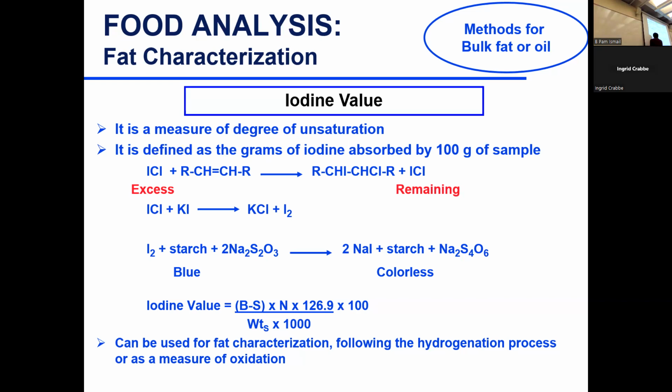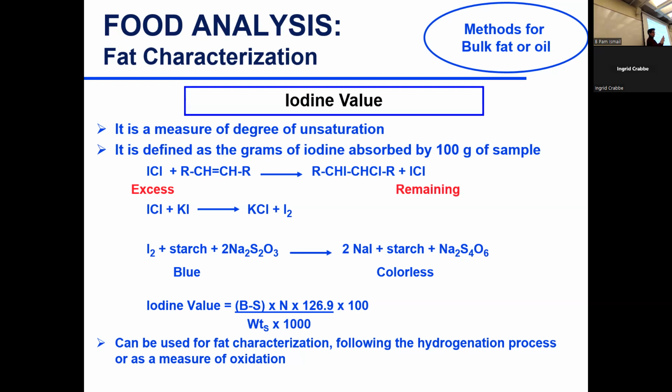That's why in your equation here, it is the blank minus the sample. So the volume for blank minus the volume of the sample, instead of sample minus blank. The volume for blank is always larger than the volume for sample. That's why we have blank minus sample volume.